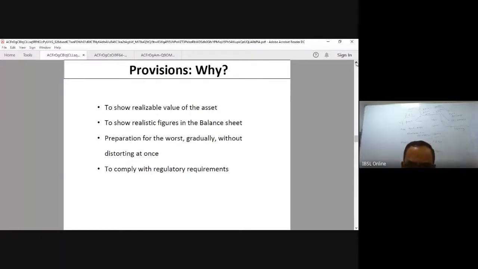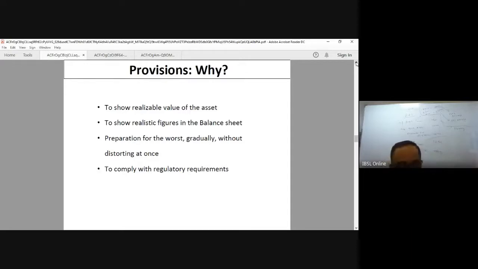So we looked at the provisions, right? Why do you make the provision? You make provisions to reflect the realizable value of the asset. So you try to show a realistic figure in the balance sheet, right? You are making provisions over a period of time.